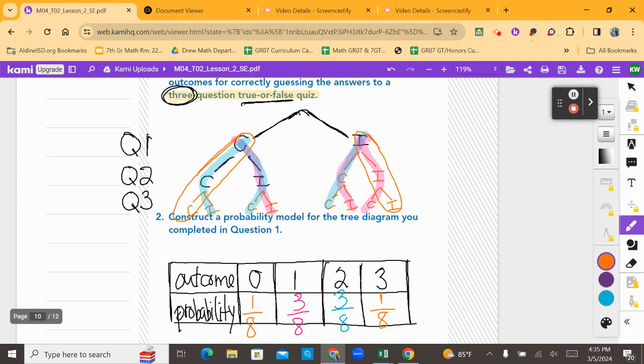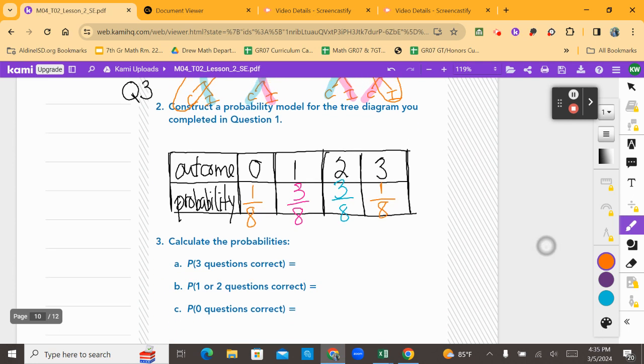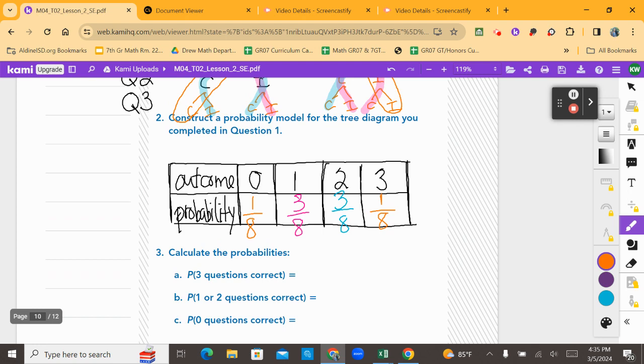If you don't have this down, go ahead and get that copy. But now let's move on to question number 3. It says, calculate the probabilities of each of these. So the probability of getting 3 questions correct, we can see from our probability model, is 1 out of 8. Chances are very slim. Then the probability for getting 1 or 2 questions correct, well, we can add these together, and I know that that is going to get me 6/8 because 3 plus 3 gives us 6.